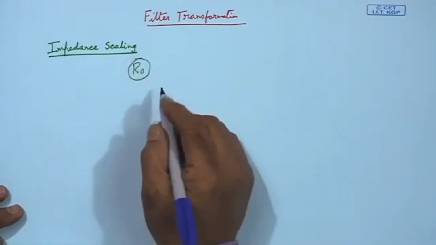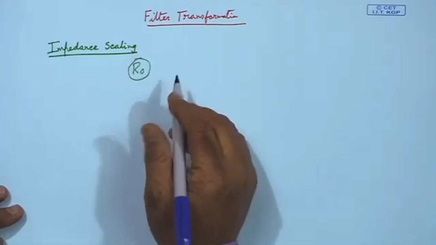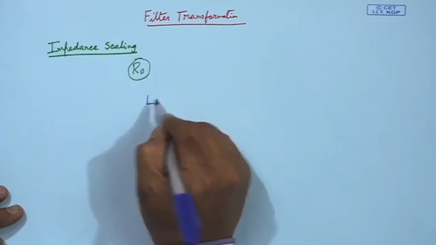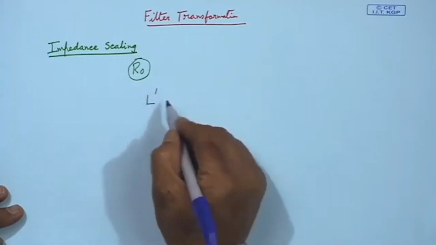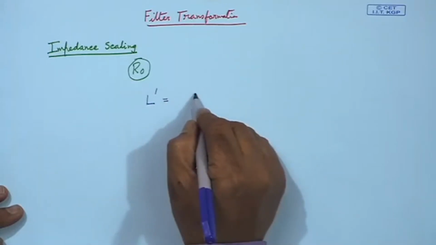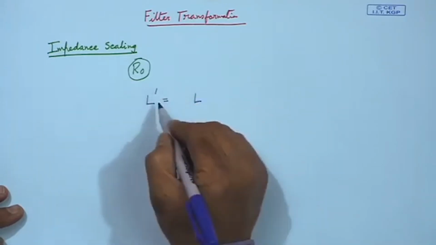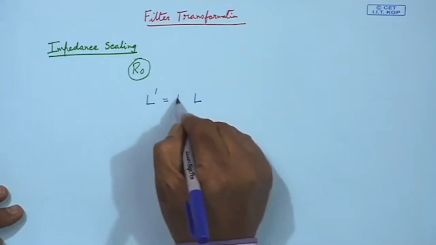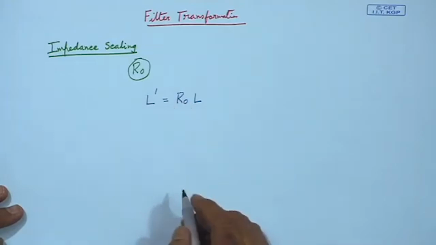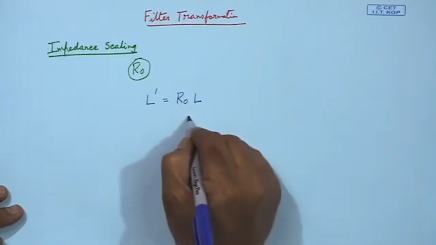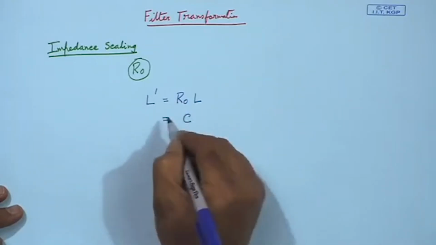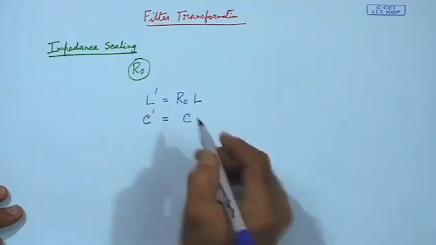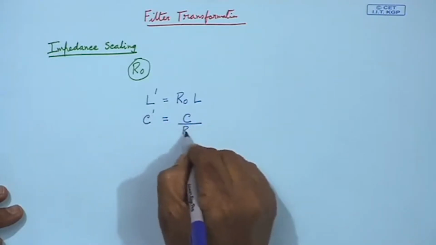after impedance scaling, the impedances become primed quantities. Suppose in the low pass prototype it was L; after impedance scaling it will become L dashed, so the multiplier here will be R naught L. Similarly, if originally it was C, then here it will be C by R naught.